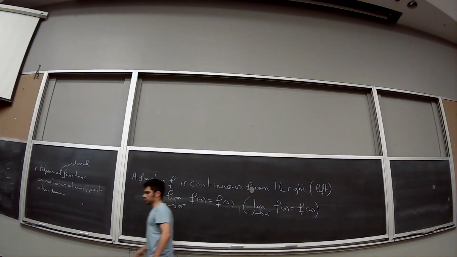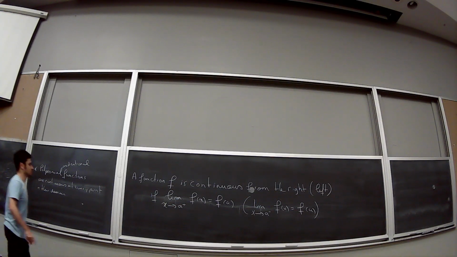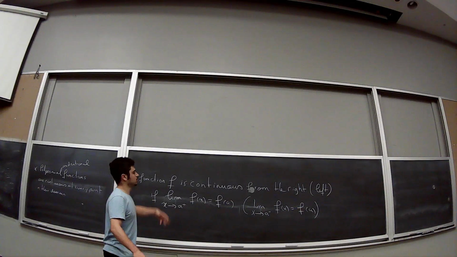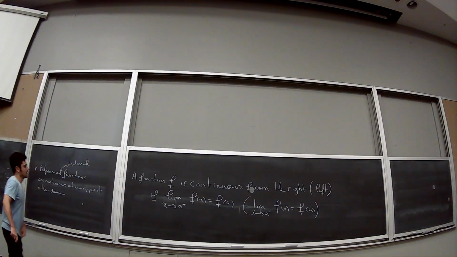This is the definition of continuity from the left and right. I don't know if the book makes any remarks on this, but anyways, this is continuity from the left and from the right.